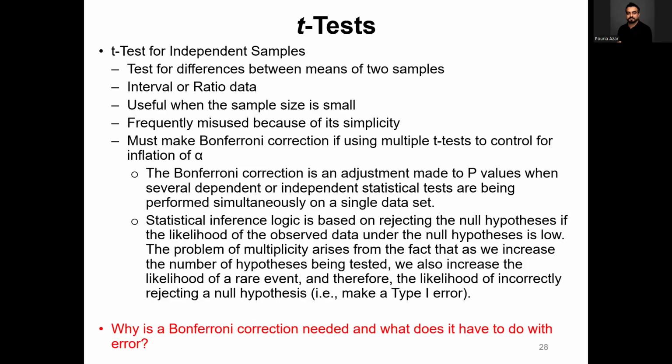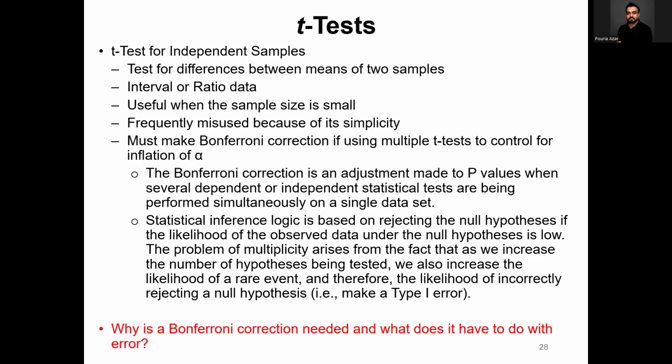So for an independent t-test, we are testing for differences between means of two samples. Our dependent variable should be interval or ratio. It is useful when the sample size is small, and it is frequently misused because of its simplicity. It's very simple. And if we are running multiple independent t-tests in just one data set, we have to make a Bonferroni correction.